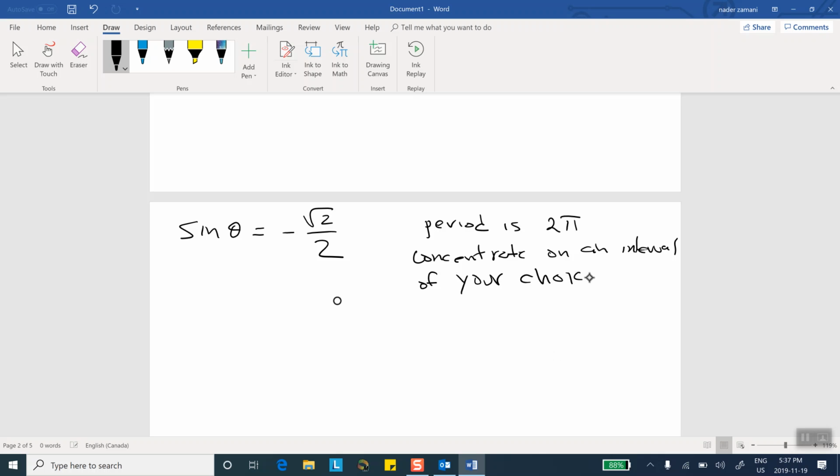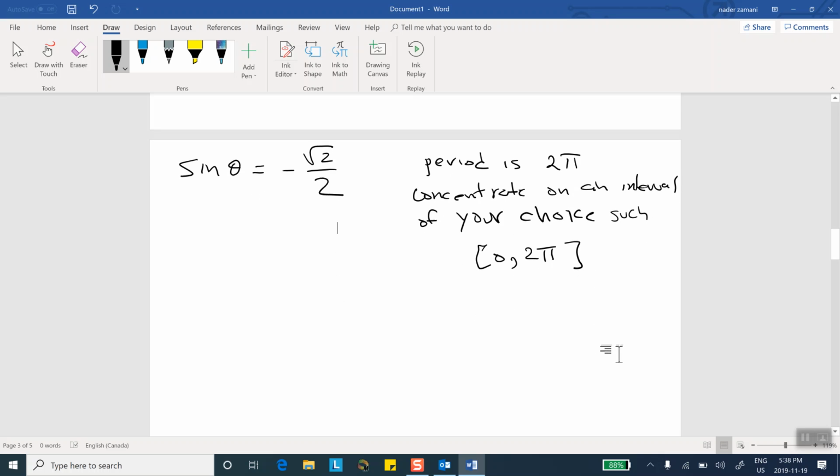But make sure that the length of that interval is the period of the function, such as 0 to 2 pi. As I said, it doesn't matter what interval you take, but make sure the length is 2 pi. However, it is very easy to do 0 to 2 pi probably because of what we already know in terms of trig circle.